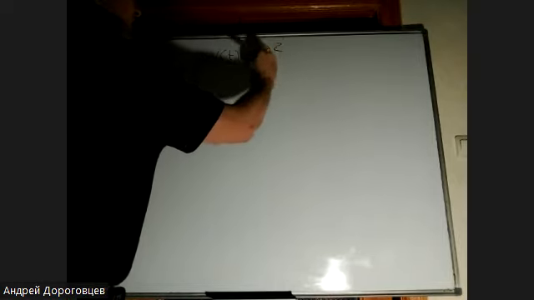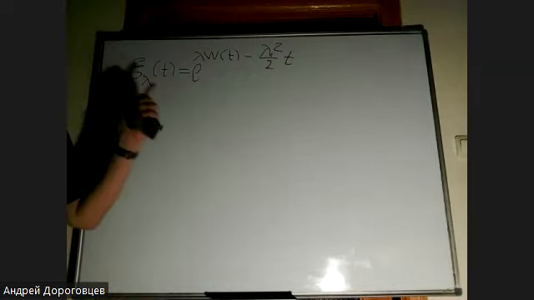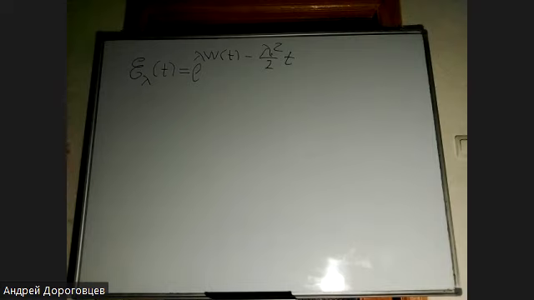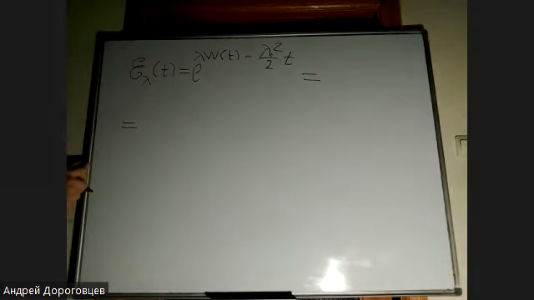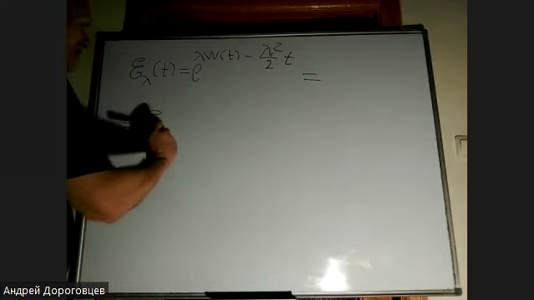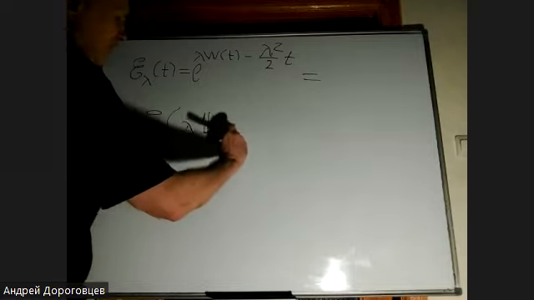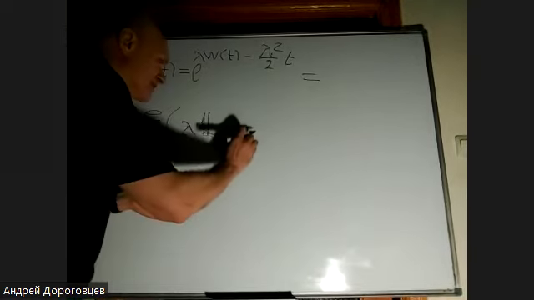Let us consider E_lambda(t), which is equal to exp(lambda W_t minus lambda squared over 2 times t). We know that this is a stochastic exponent related to the following vector h. So in our previous notations from the abstract picture, this is lambda times the indicator of [0, t].